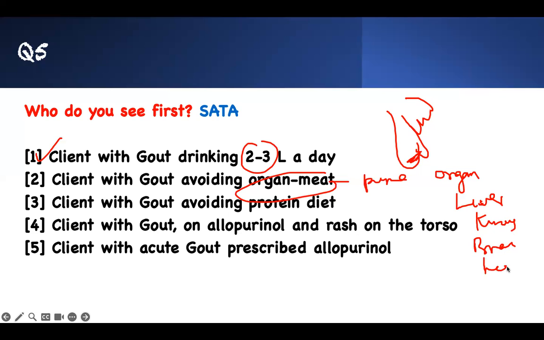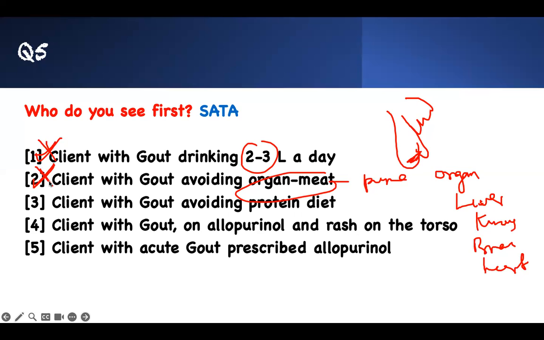Your heart is an organ. So when you have meat that is coming from your liver, don't eat it. Coming from the kidney, don't eat it. Brain, don't eat it. So you minimize that, you avoid them completely, right? So this patient, we don't need to see them. They're doing the right thing.